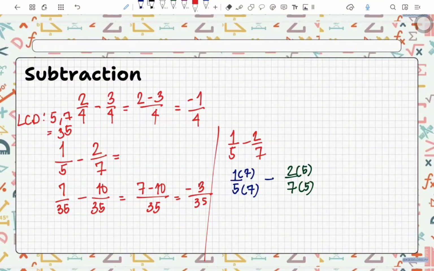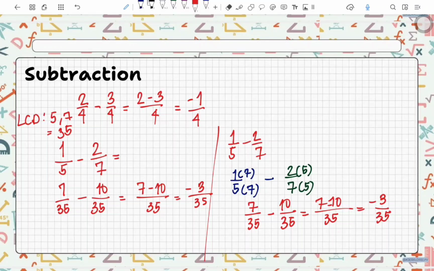So we have 1 times 7, 7. 5 times 7, 35, minus 2 times 5 is 10. 7 times 5 is 35. So similarly, it is still 7 minus 10 over 35, which is equal to negative 3 over 35. Okay, so that is subtraction of fractions.